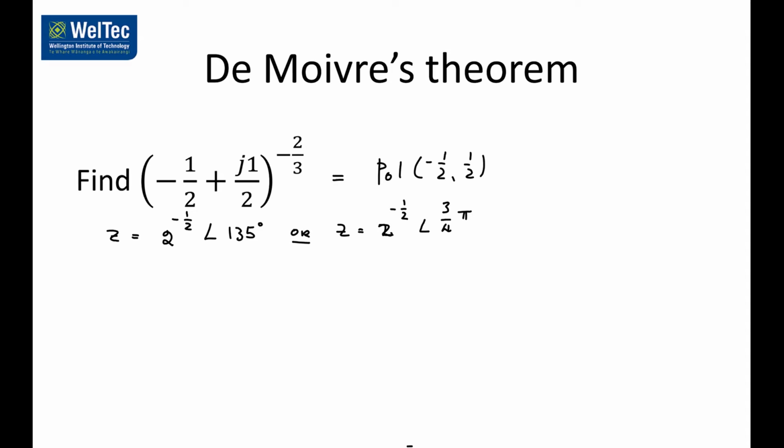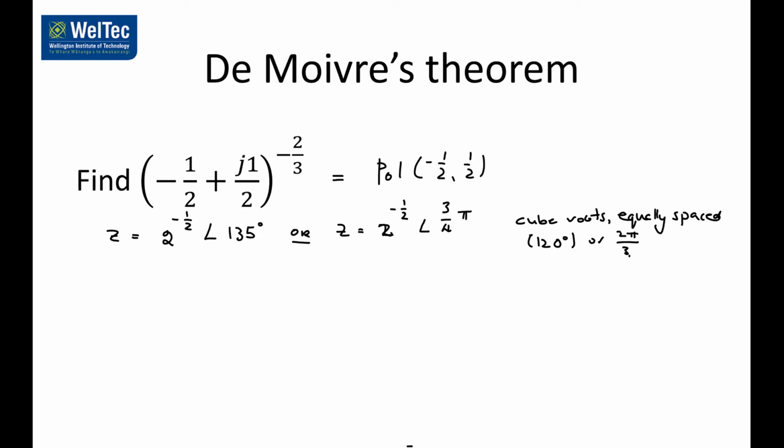Okay, now we've got cube roots, so they're going to be equally spaced, by 120 degrees or 2 pi by 3.